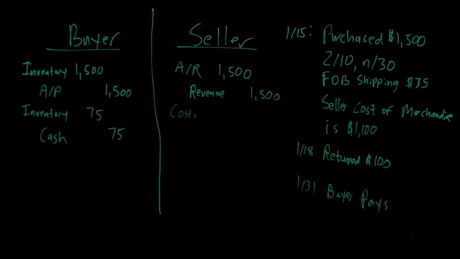So we're going to have cost of merchandise sold, which we're told is $1,100. So that's going to be a debit. That's going to hit our income statement. And then our credit is going to be the inventory going out.